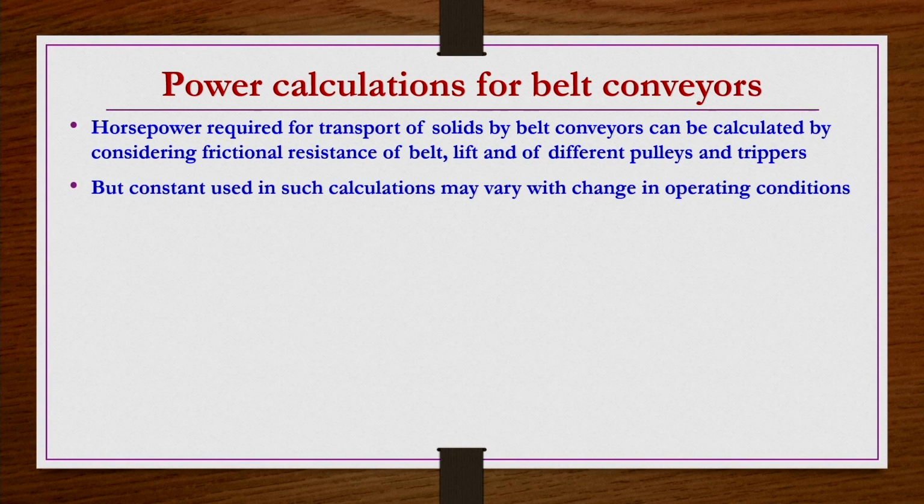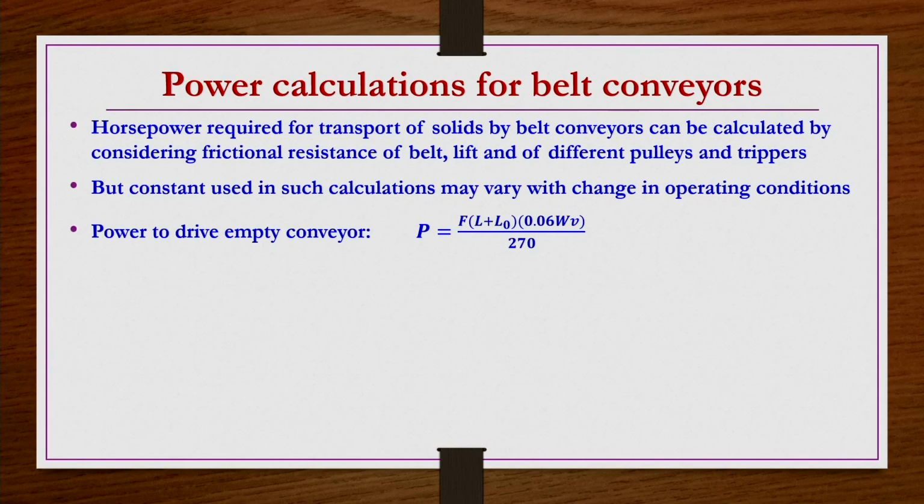So, rather than going into the details of those derivations, we take acceptable equations for these power requirements, for each individual element, without going into the derivations. However, these derivations are simple.